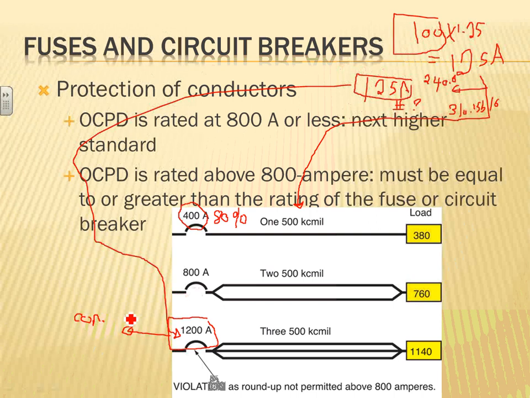You see the difference? Now your load becomes your overcurrent protection device. Here's my overcurrent protection device that I sized based on continuous load already, and then I size my conductors.